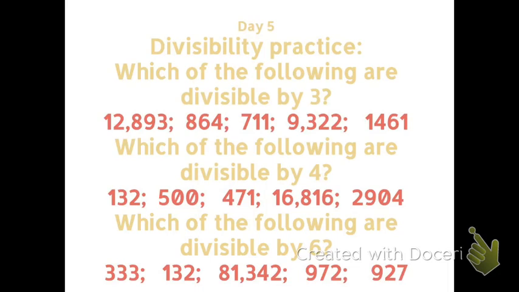So let's look at this one. Add up these digits, and when you know if that number is divisible by 3, raise your hand. The number 12,893.